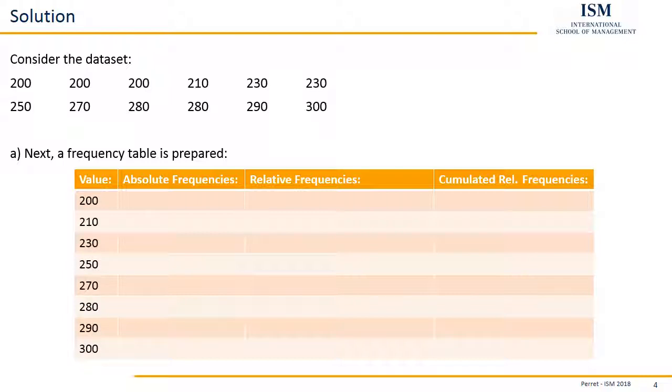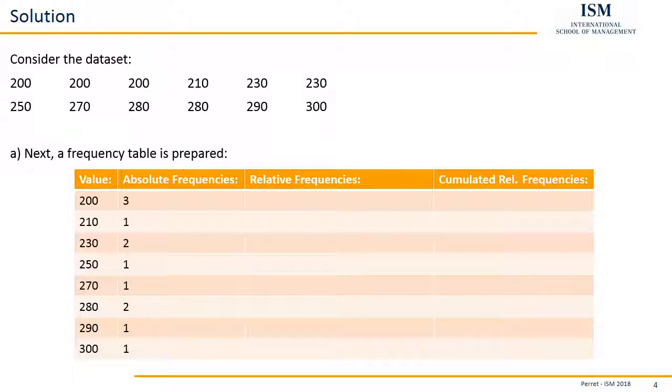However, to take care of the fact that the 200 is present 3 times, the 280 is present 2 times, we add those in the column of the absolute frequencies. And well, this is already the first half of this table.